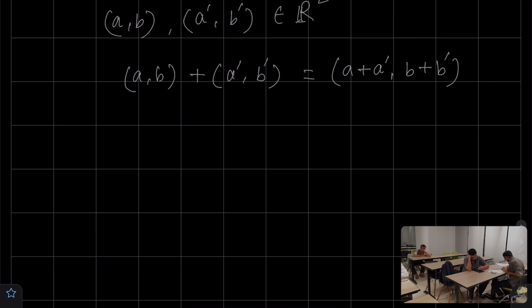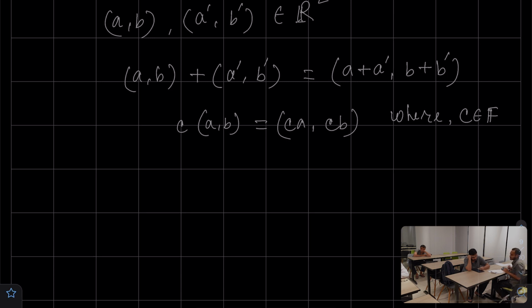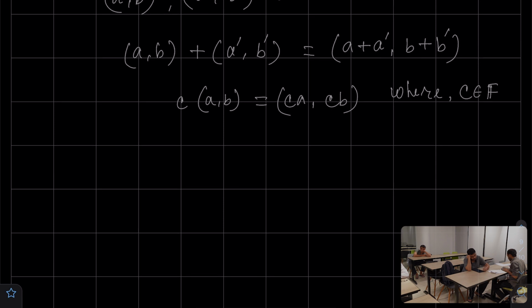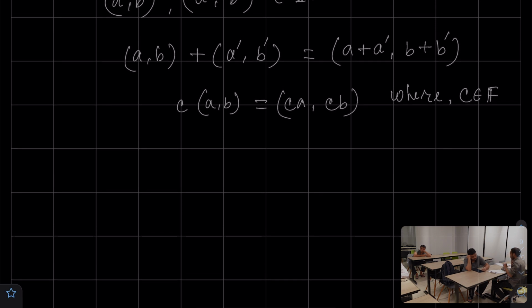I also can define the scalar multiplication, or multiplication by the field entries: c times a comma b equals ca comma cb, where c belongs to the field. You can show that under these two operations, R2 is a vector space.